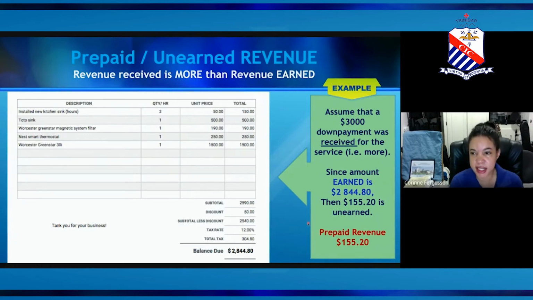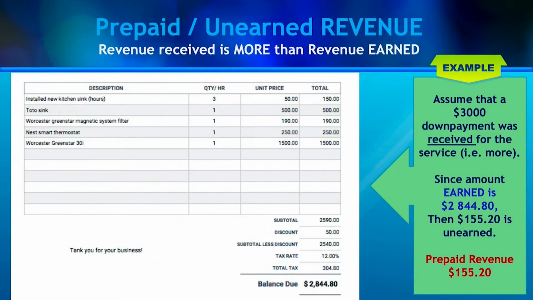Which means that we received more than we actually earned. So you would look at this as a prepaid revenue, meaning that they had paid this amount in advance. So we now have work for them to do with $155.20, so to speak, right? We owe them money.